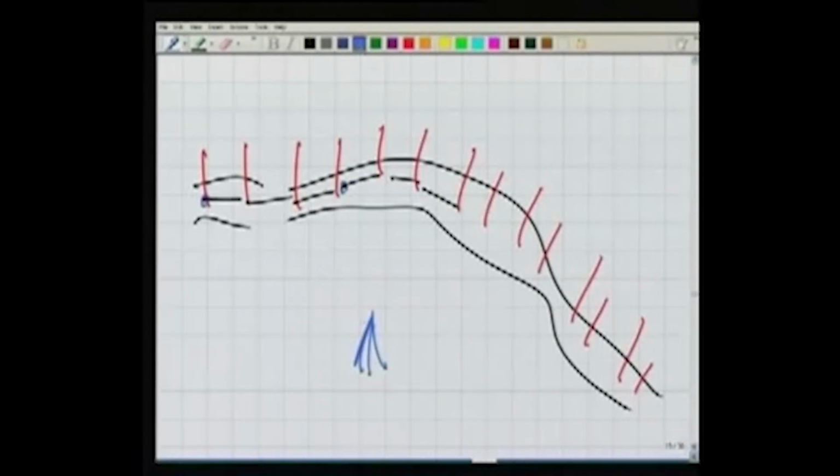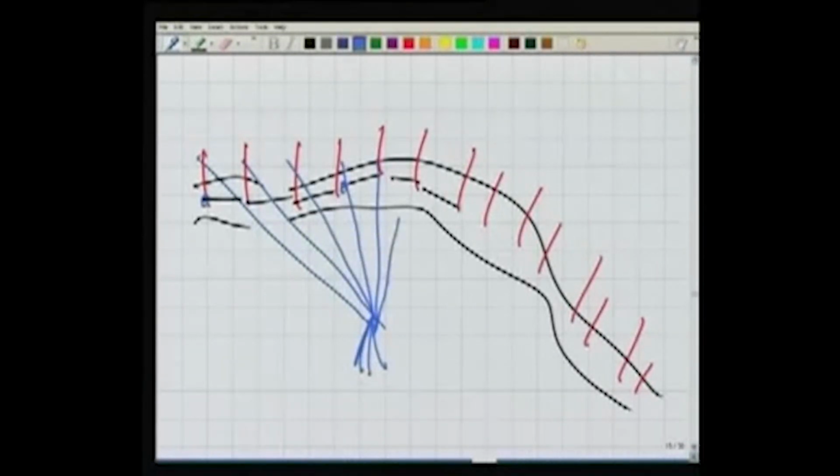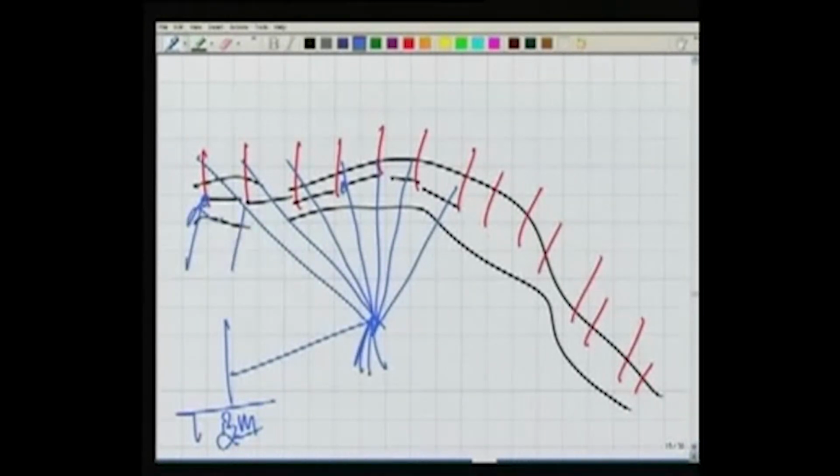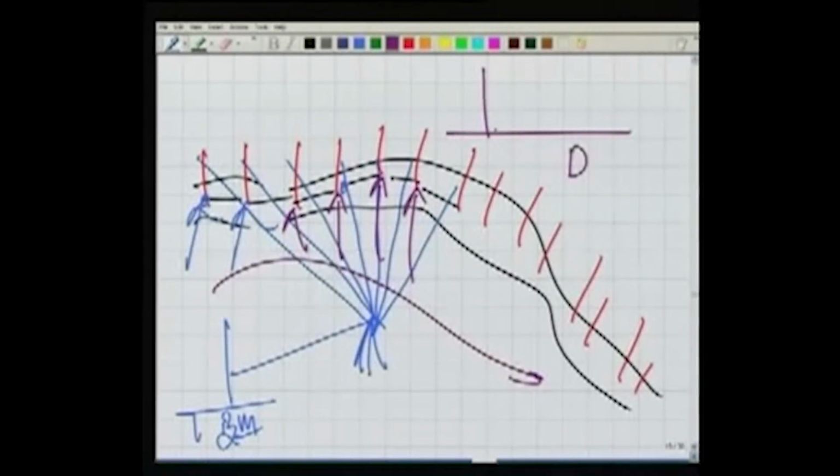At the same time, I am also taking sights to all these staff positions. By taking a sight to a benchmark here as well, I can determine the RLs of all these points. If I know the RL of all these points, and I know the distance along this, I can plot this profile, and we can use this profile for our application.